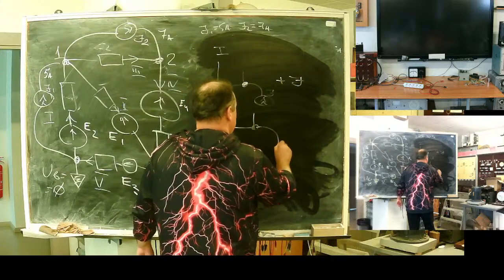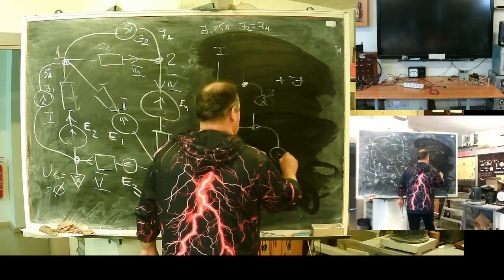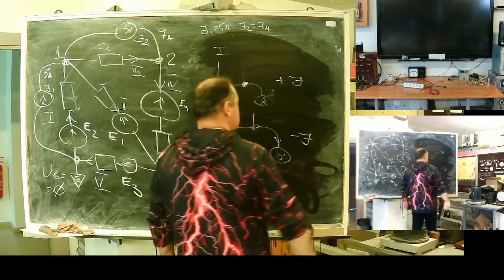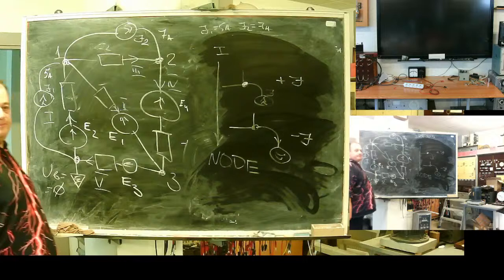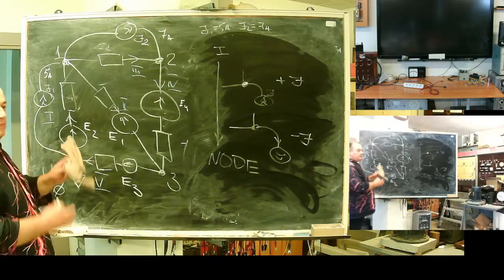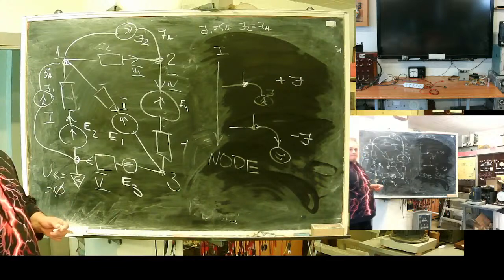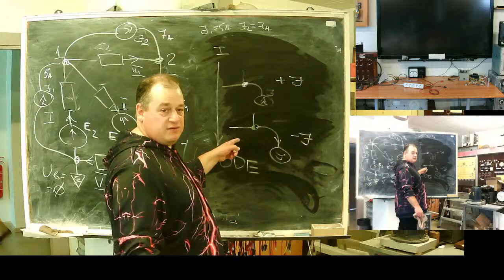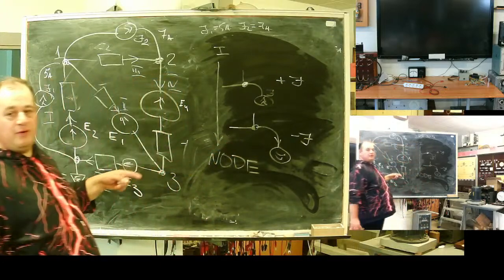If it flows from the node, I will write it with the minus sign. Easy. Easy. For my network, can I erase? Wait, take pictures.